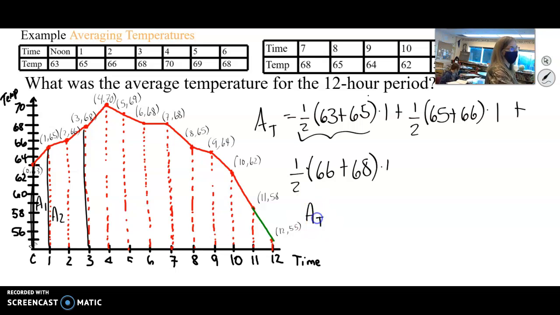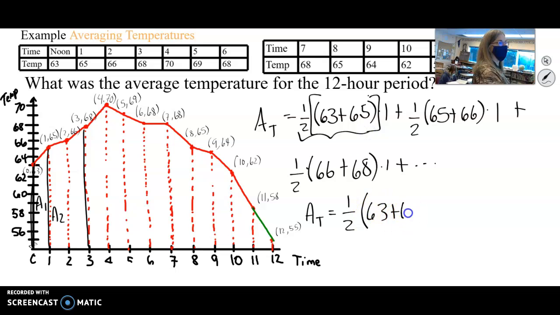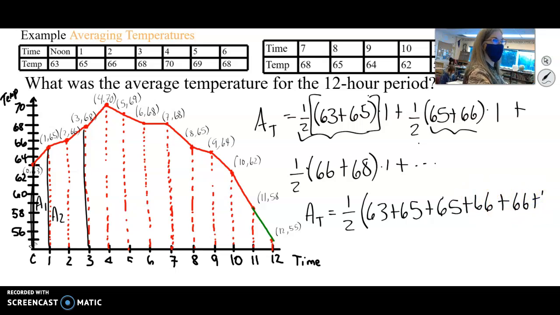So for my total area, to take a shortcut, we're going to factor out the 1/2. It's 1/2 times parentheses: 63 plus 65, plus 65 plus 66, plus 66 plus 68.